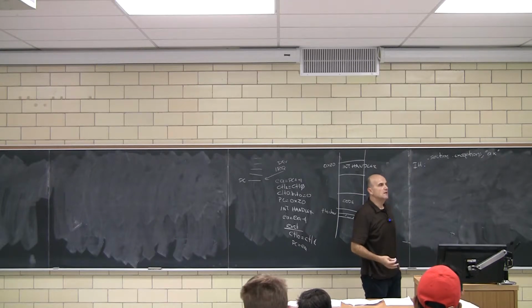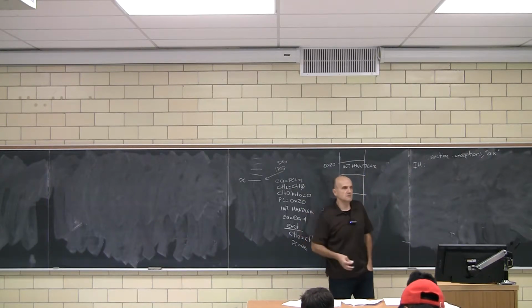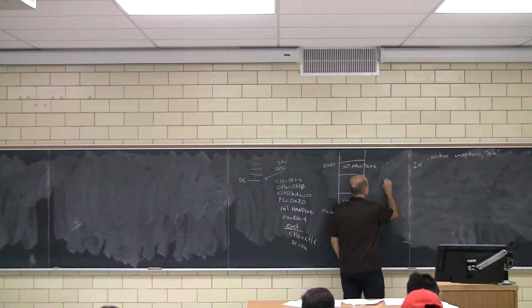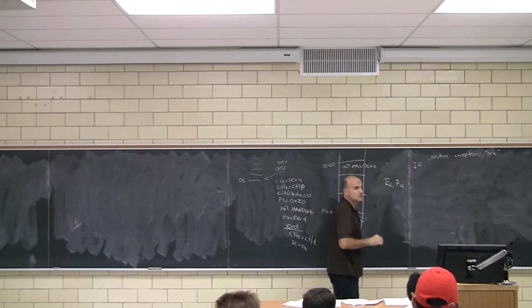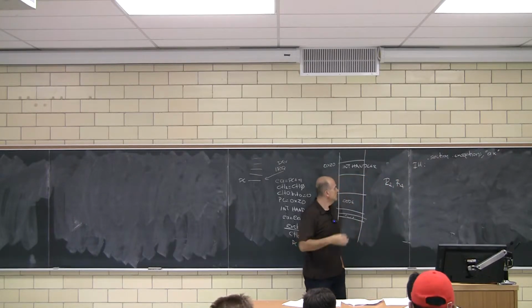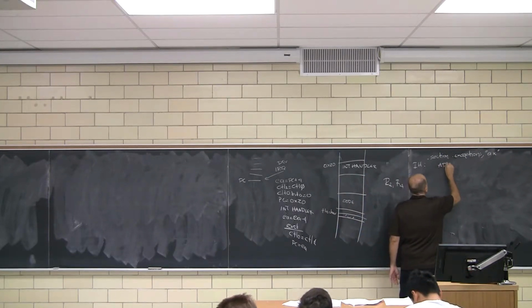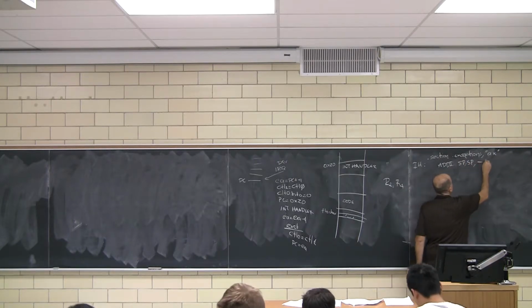What do we do? Let's say we want to use 2 registers. Let's say I want to use R2 and R4. These are just 2 arbitrary registers, could be any register, right? So what I will do is the following. I will say addi SP, SP, minus 8.